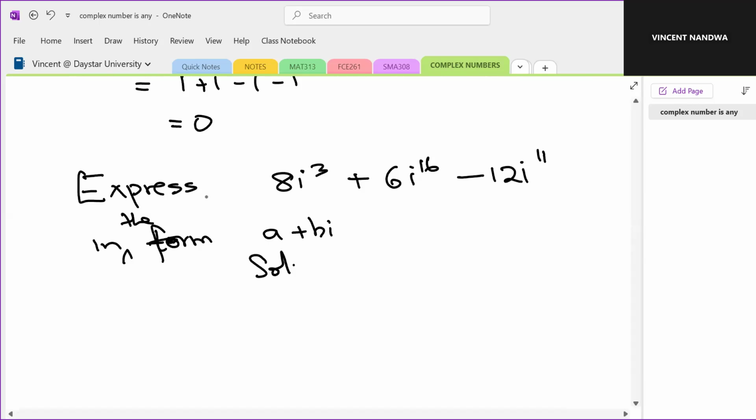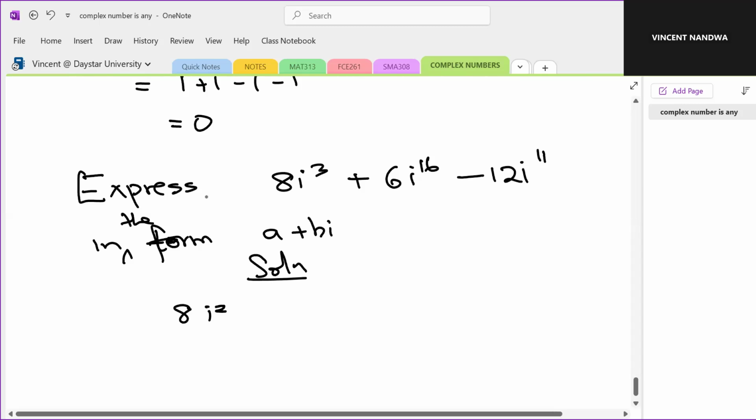So solution, you write this one as 8i squared times i, and then plus 6 times i squared raised to power 8, minus 12 times i power 10 times i.